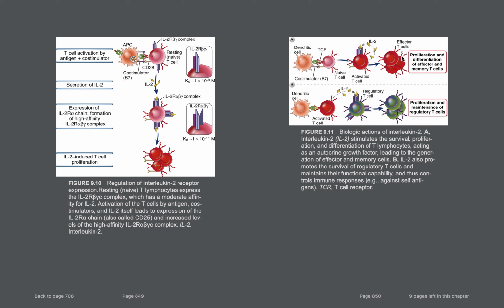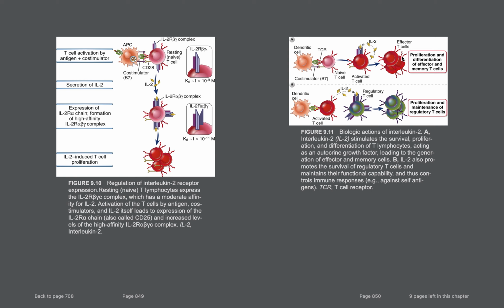Regarding regulation of interleukin-2 receptor expression, resting naive T lymphocytes express the interleukin-2 receptor beta and gamma (γc) complex, which has a moderate affinity for interleukin-2. Activation of T cells by antigen, costimulators, and interleukin-2 itself leads to expression of the interleukin-2 receptor alpha chain, called CD25, and increases the level of the high-affinity interleukin-2 receptor complex.